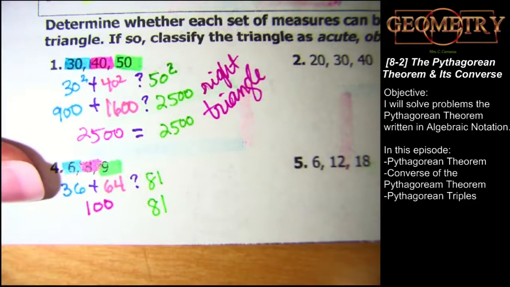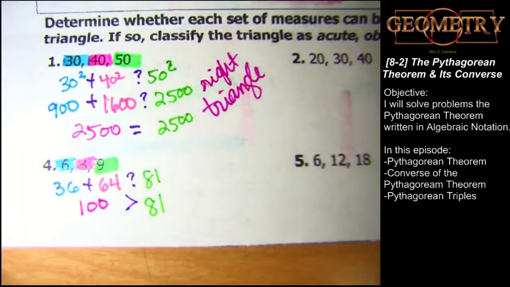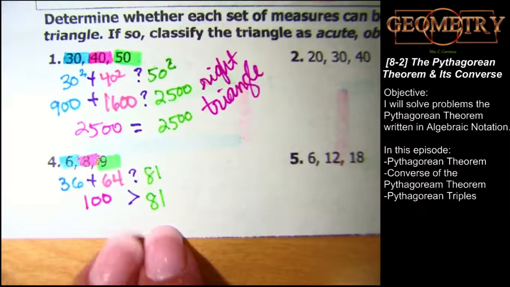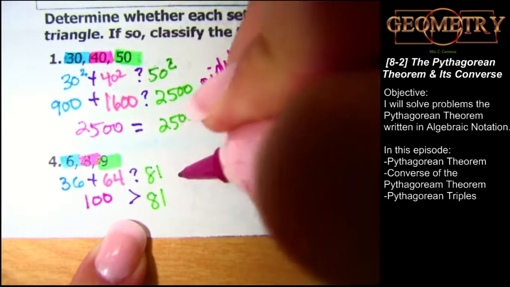What's its relation to 81? It is greater than. Okay. Now you have to remember which way the theorems are written. The theorems are written as the biggest side squared has a relationship to the rest. So if I read this, the biggest side, 81, is less than 100. So it's an acute triangle.